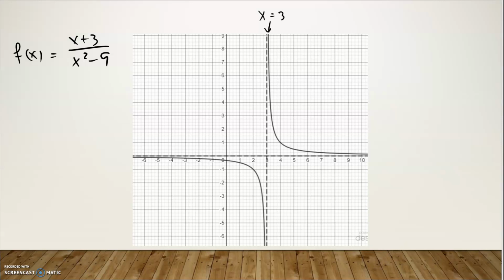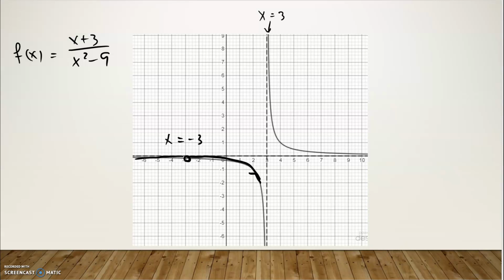But this graph doesn't show it. You're going to have a hole right here at x equals -3. So that graph will come up, come up, come up, come up, come up, skip over, and then go back. Okay, so we'll have a hole there.